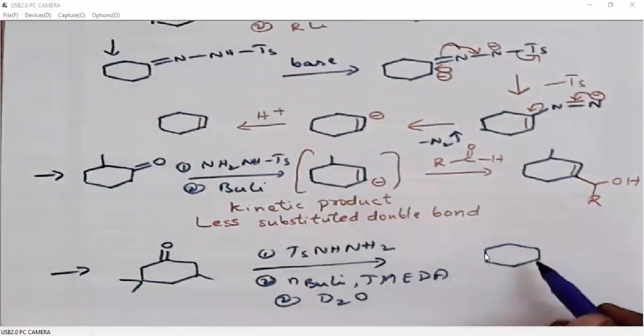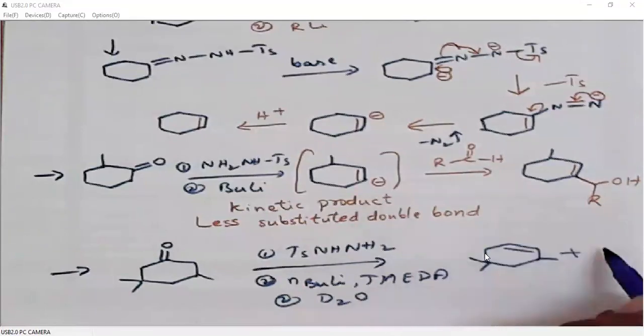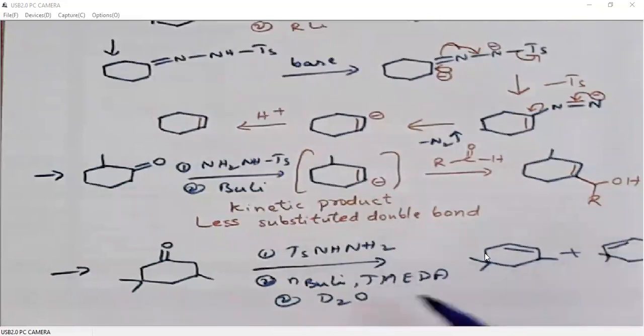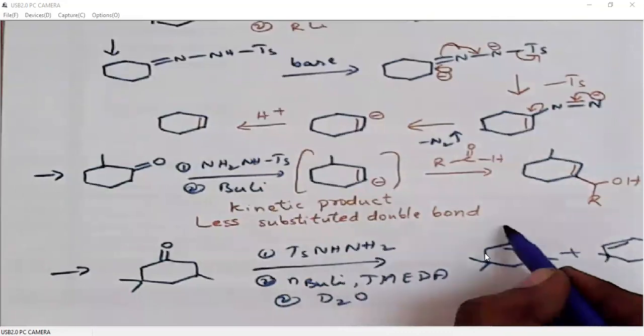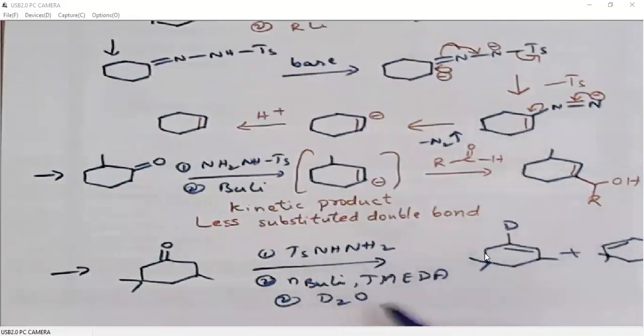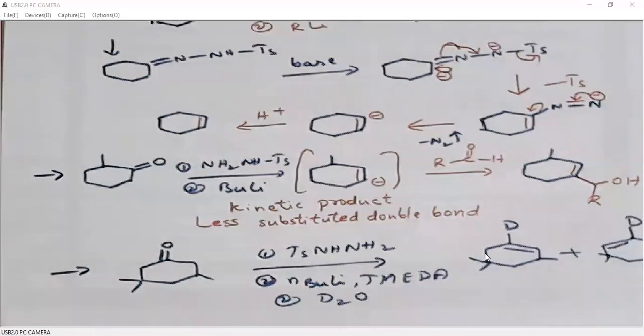That means a double bond here and another product with a double bond here. When we add water here, we will get a proton. But when we add deuterated water, we will get deuterium here.